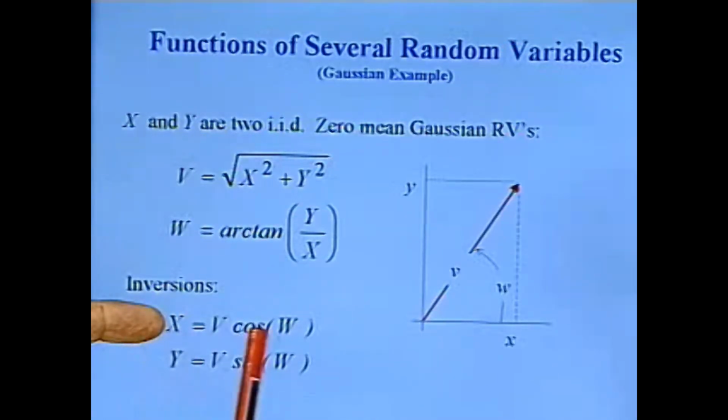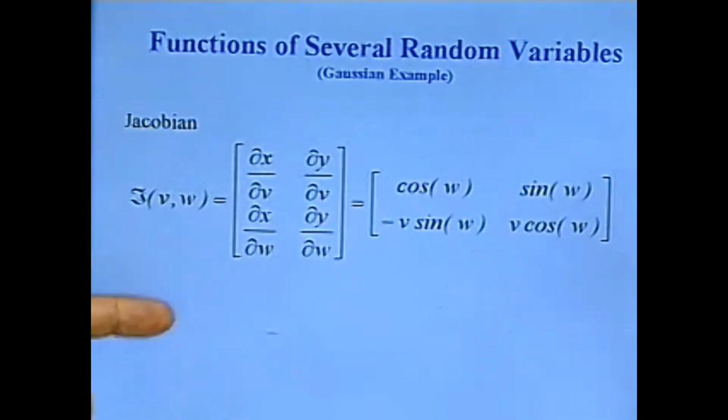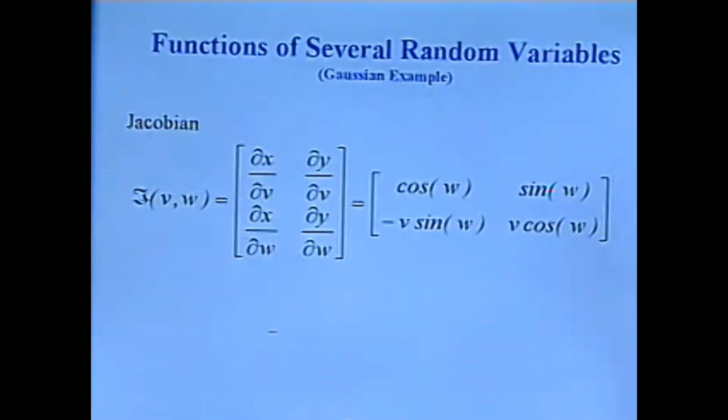The partial of x with respect to w, we get v times the minus sine, etc., right? So we can go back and we can look at the four different partials corresponding to this inverse equation, thereby generating the Jacobian that we have here. And the elements of this Jacobian come by differentiation of these inversion formulas.